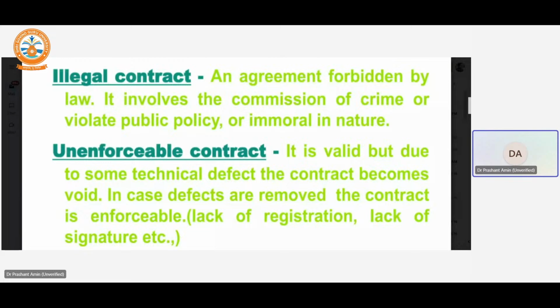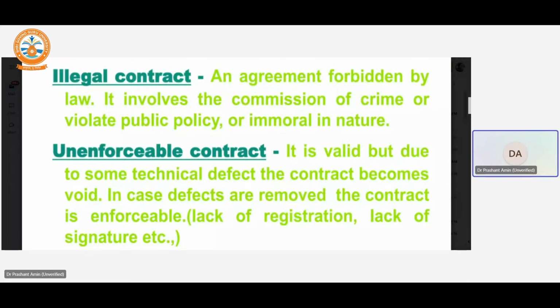For example, in the share market, if there is insider trading, that is an illegal kind of business, so that contract is invalid, right? So that is any commission of a crime, or it violates any policy of the government of India, or that particular contract is immoral in nature, that kind of contract is an illegal contract.